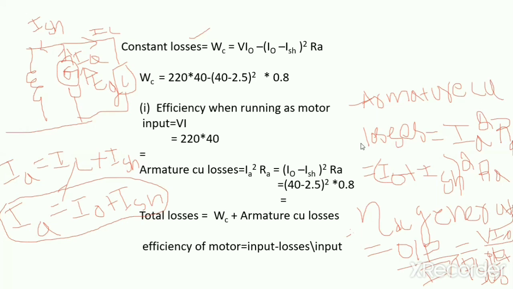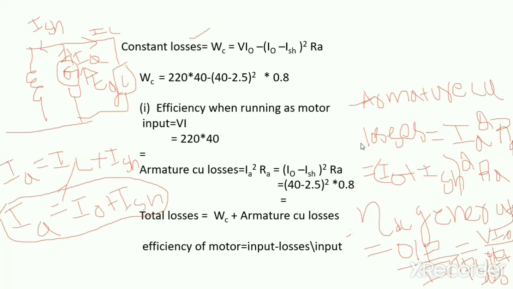There are 3 types of losses: mechanical losses, electrical losses, and friction and windage losses. These are considered as constant losses and variable losses. What are the variable losses? Shunt field copper losses and armature copper losses are the variable losses.